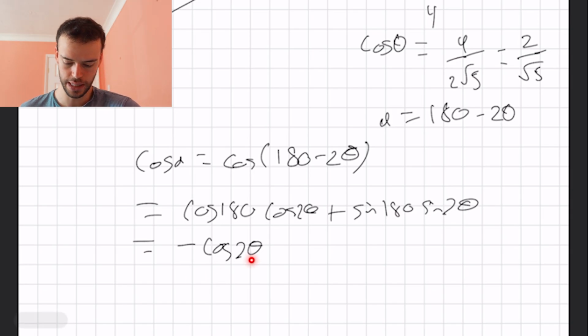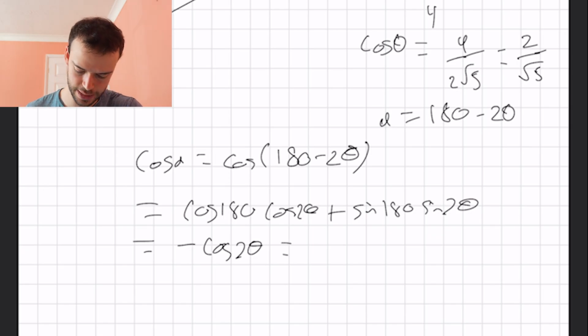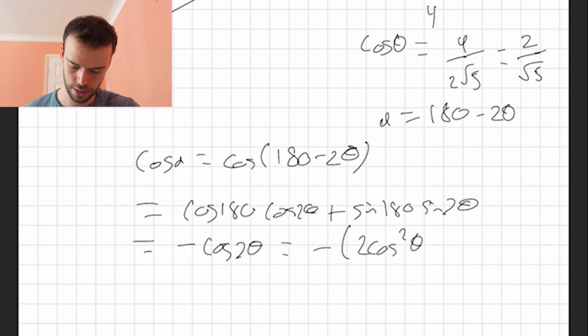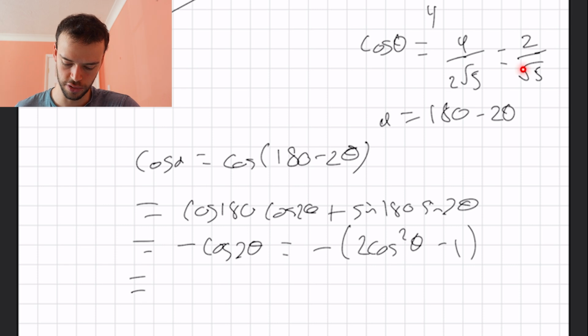Now, what can we do with this? Well, we can use the double angle formula for cosine. So let's rewrite this as minus 2 cos squared theta minus 1. And since we know what cos theta equals, 2 over root 5, we can just substitute that into this in order to get cos alpha.